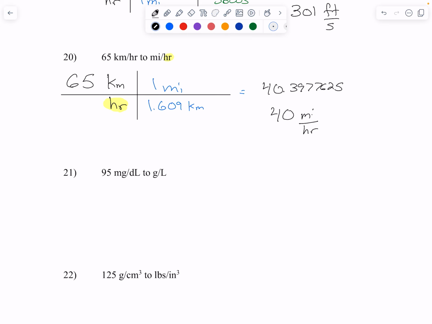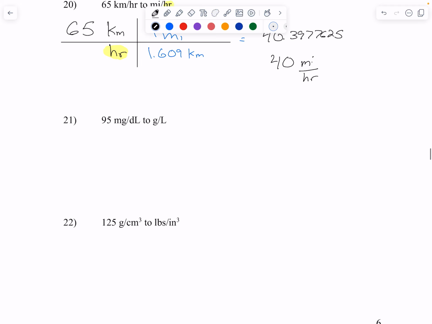All right, 95 milligrams per deciliter to grams per liter. Let's do it. 95 milligrams per deciliter. All right, so now we have milligrams to grams.